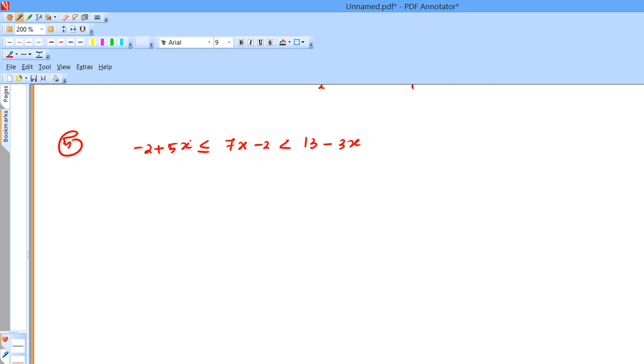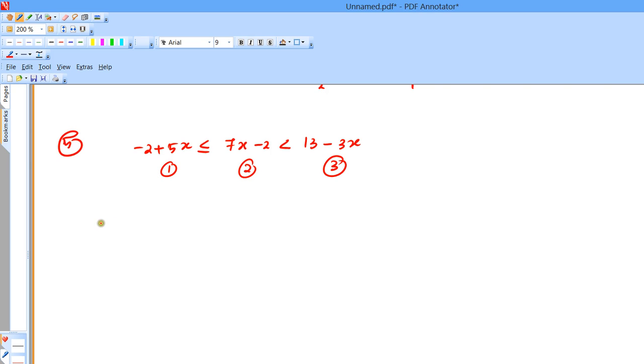For this inequality we can solve directly, but we can also split this compound inequality into two simple inequalities. These are numbers 1, 2 and 3. You can combine 1 and 2, and 2 and 3.